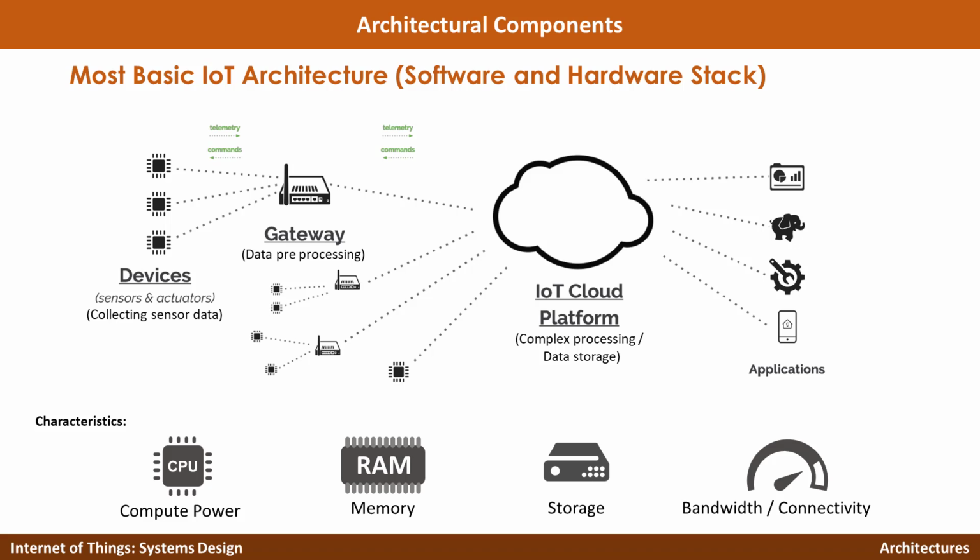I briefly talked about the tree structure in the IoT architecture. As you can see in this diagram, there are multiple edge devices where the sensors and actuators are connected. Sensors are collecting data and then sending it to the gateway. The data gets pre-processed in the gateway and then sent to the cloud IoT platform, and then the cloud platform will forward the data to different application services and manage the data.